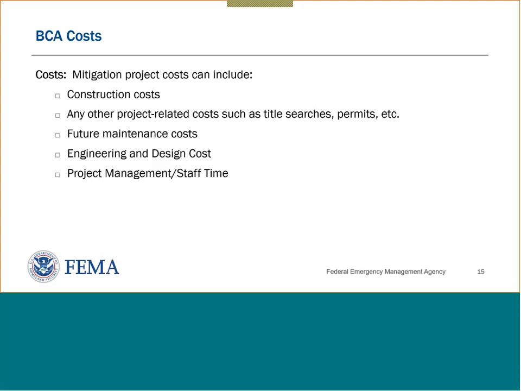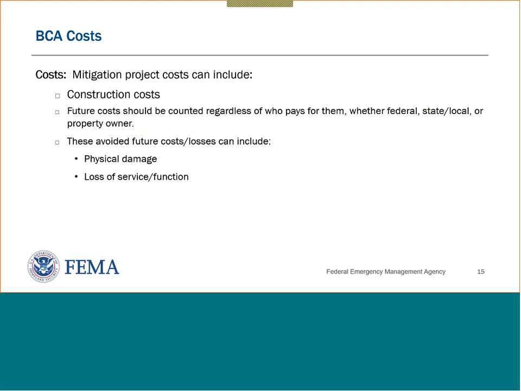Engineering and design costs, some projects you need to have an engineer and an architect to do some work for you to design the project, and you can claim those costs. Also, time either by your staff or a hired firm to manage your project. Those are all eligible costs for the project side, but also costs you're going to need to know for your benefit cost analysis. Next, please.